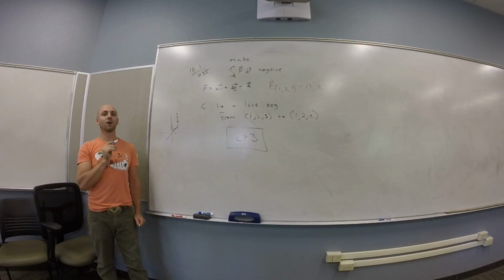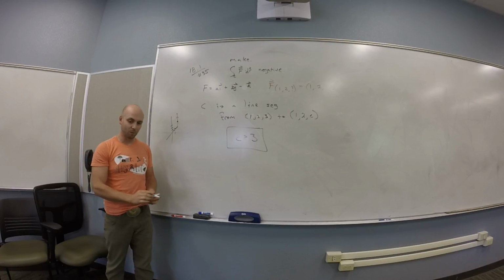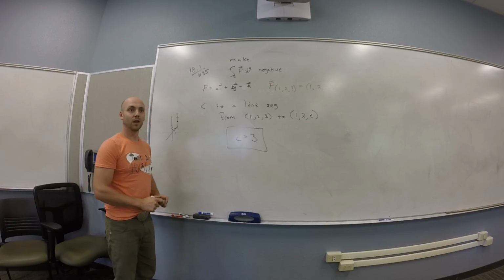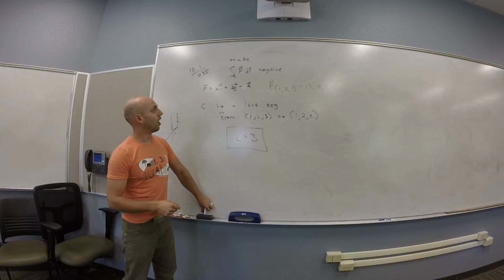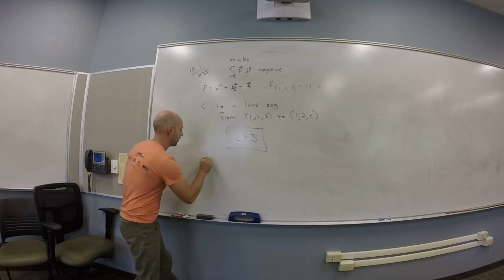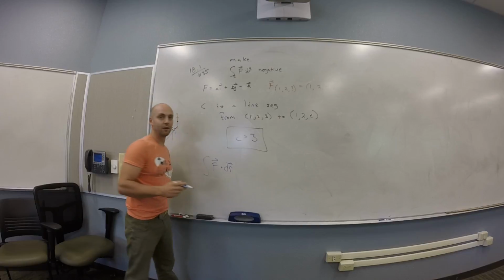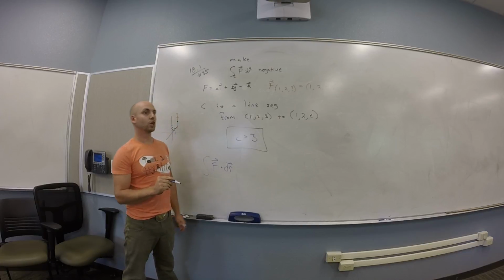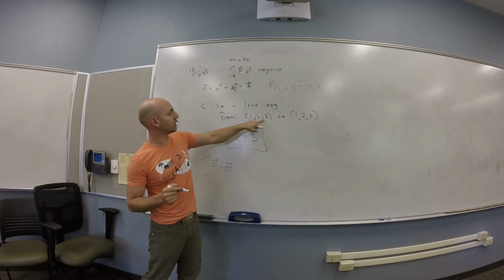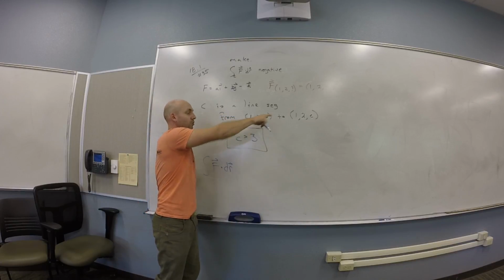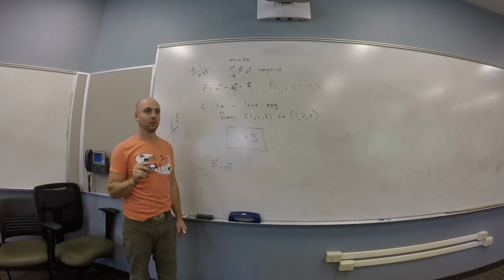If I wanted to do this with parameterization, like if I wanted to use a tool that I would have later, I would think to myself, okay, I want to take the integral of F dot dr. So I might come up with some parameterization for the line from (1, 2, 3) to (1, 2, c), right?